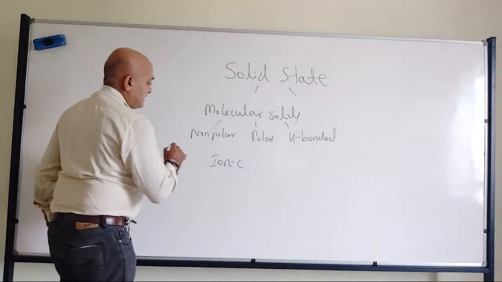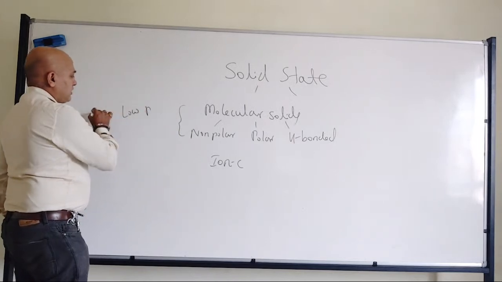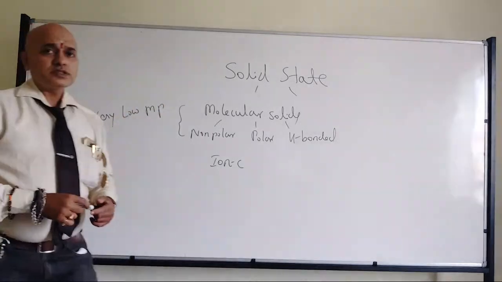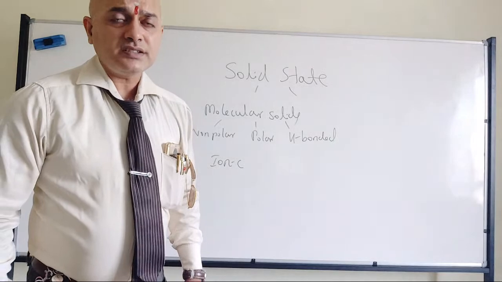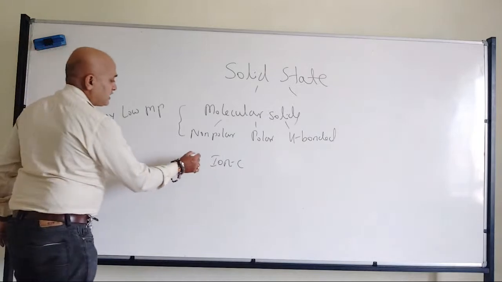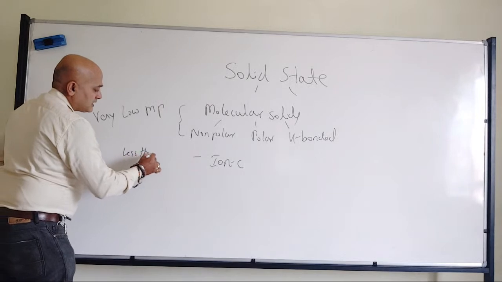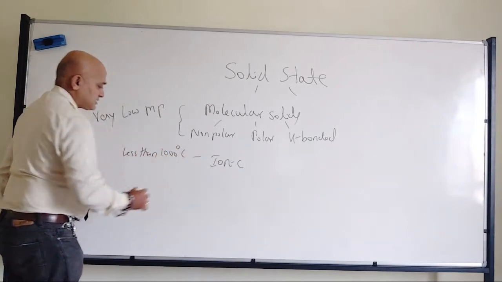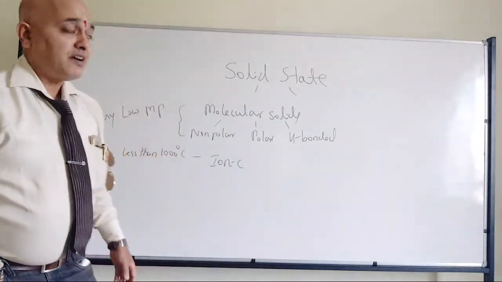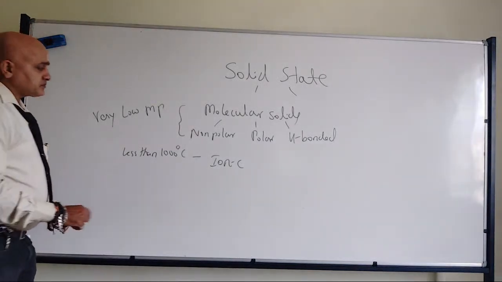What I mean to tell here is, molecular solids have very low melting points, most of them below or at most 0 degrees Celsius. Ionic solids are less than 1000 degrees Celsius. I am not telling universal, but most of them have melting points less than 1000, not 100, 1000.